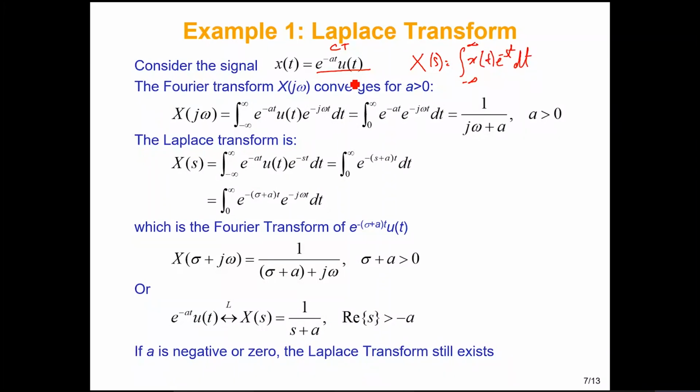If we replace x of t with this, we get e raised to the power of minus at u of t times e raised to the power of minus st dt. Having u of t inside the integral just changes the limits, so it is from 0 to infinity. These two complex exponentials join together, and if you evaluate this integral, you end up getting 1 over s plus a.